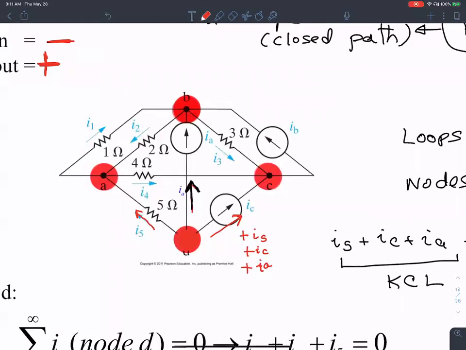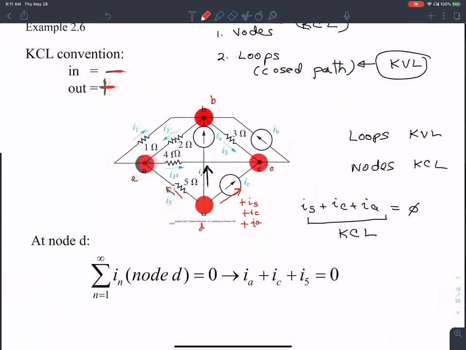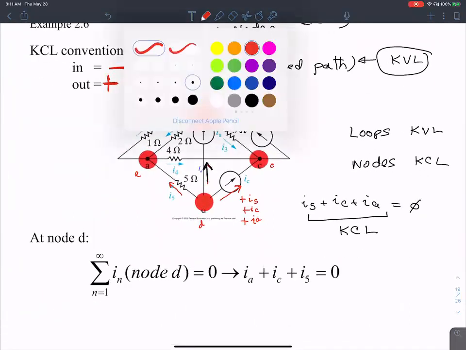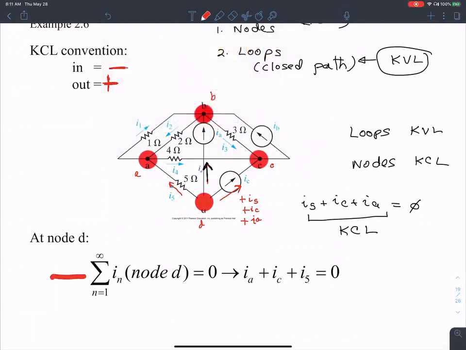We can set up four different equations using those four nodes. There is node A, node B, node C, and node D. I gave you an example of applying Kirchhoff's law at node D, and I gave you a convention: if the current is flowing in, call it negative; if the current is going out, call it positive.